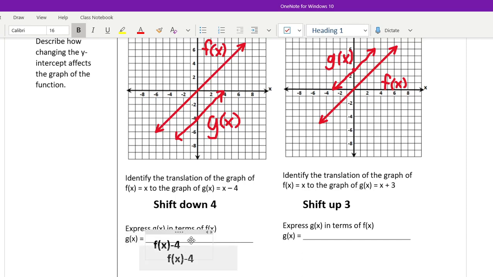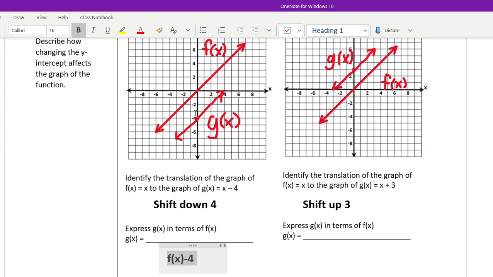But our g of x is equal to our f of x function minus 4 for every value that we get. So for our origin, when our x is 0, our y was 0.